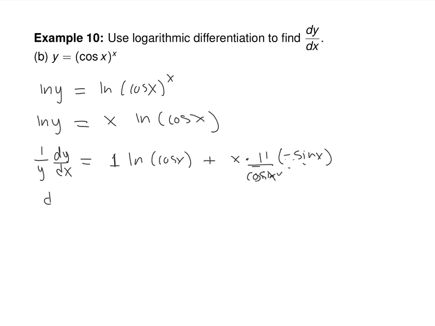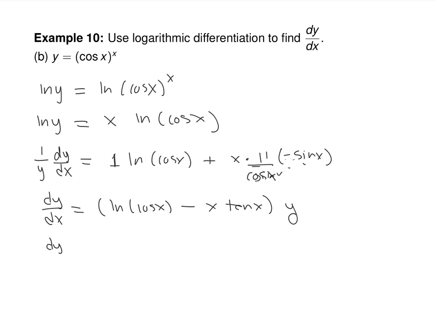So you have dy dx is equal to natural log of cosine x minus, I'm just going to say, x tangent x, times y. And the final step is to what? Plug in y.